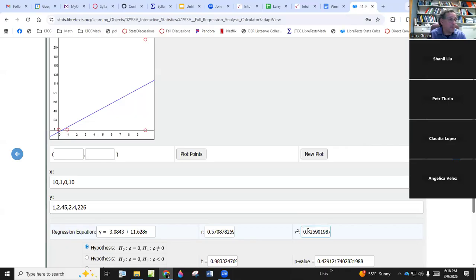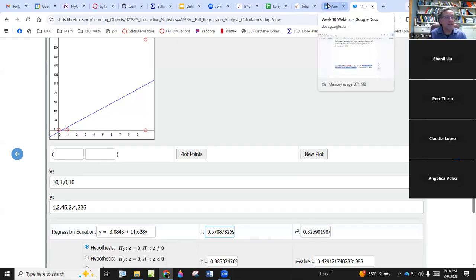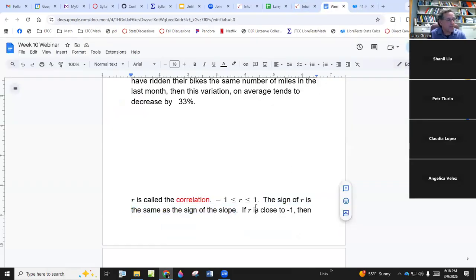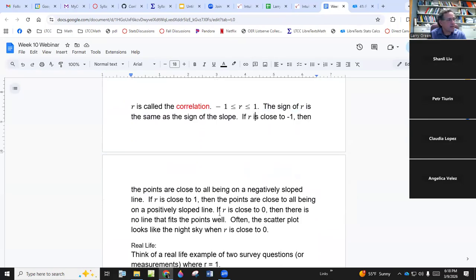R squared is always positive because squaring a number makes a positive number. But whether R is positive or negative makes a big difference, and then how close or far from 0 you are makes a big difference. Any questions on any of this? Okay, so that's really important.